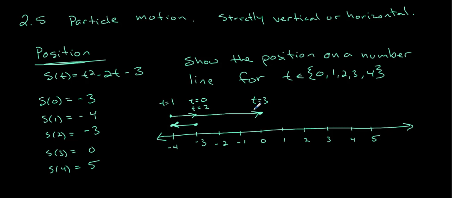What's happening from t equal 2 to t equal 3? 3 units in one time period, whether it's seconds, minutes, hours, whatever, right? Okay, how is that different than before? One backwards and one forwards, I guess. One to the left and one to the right.